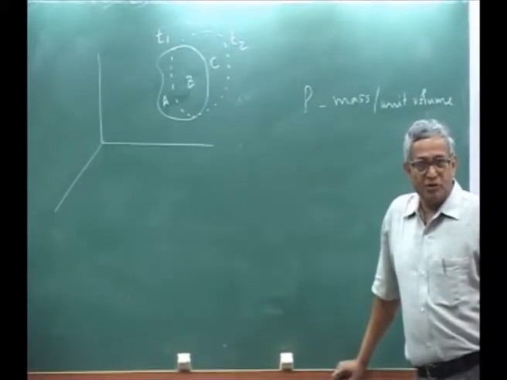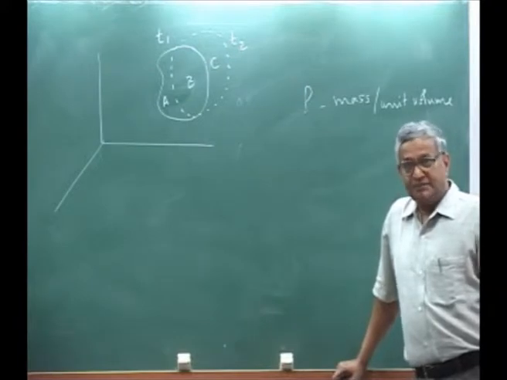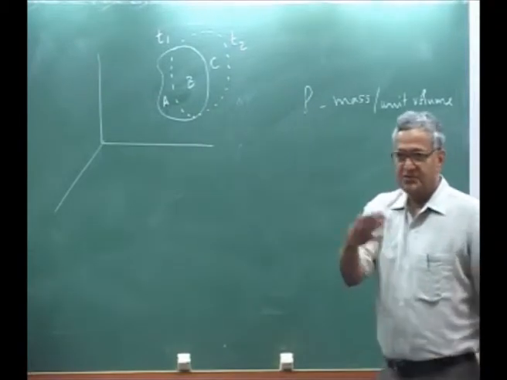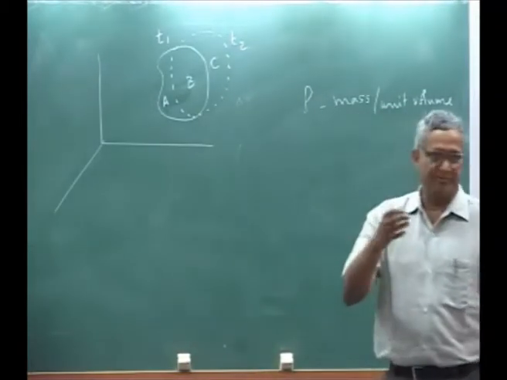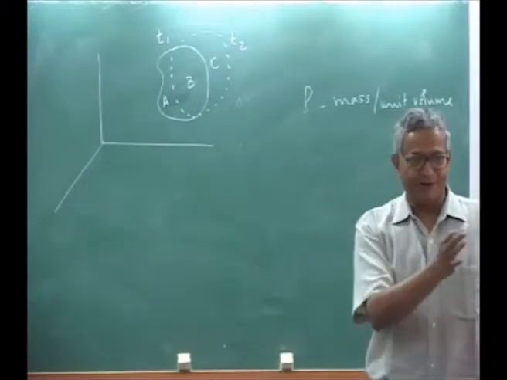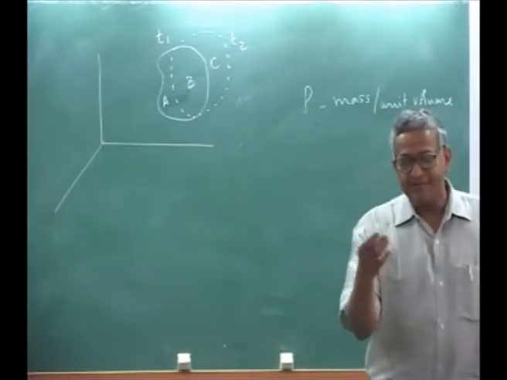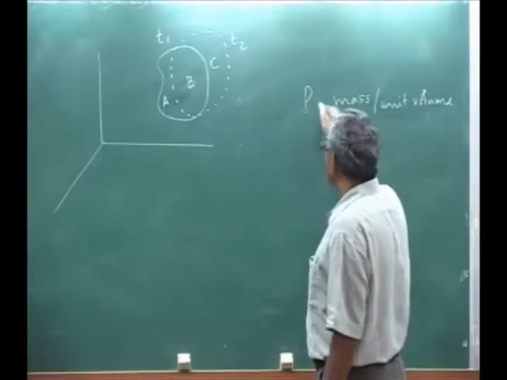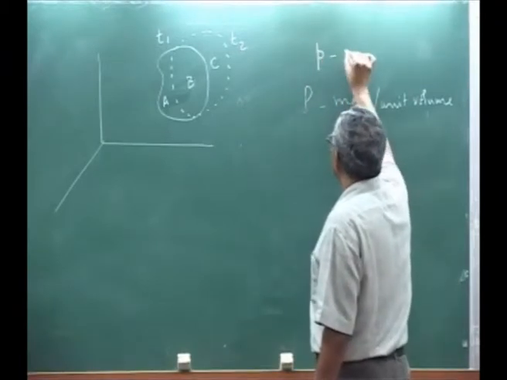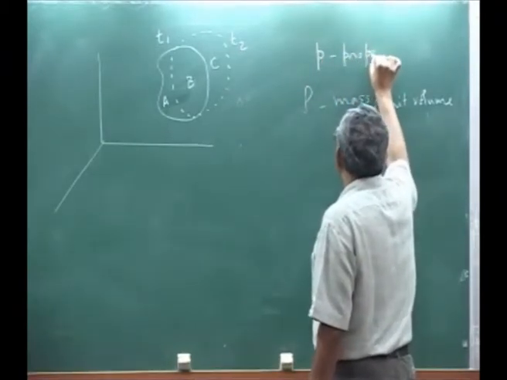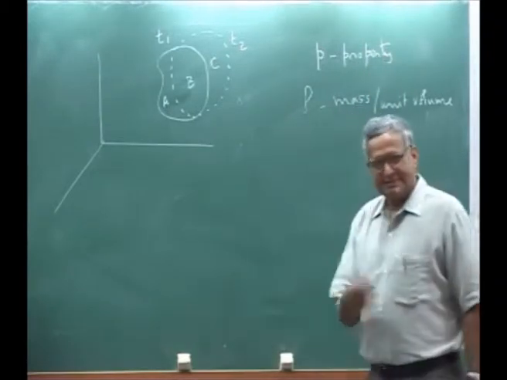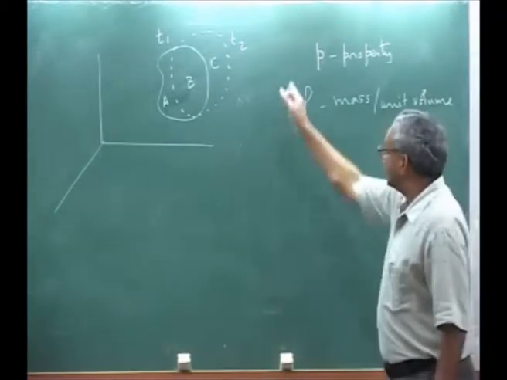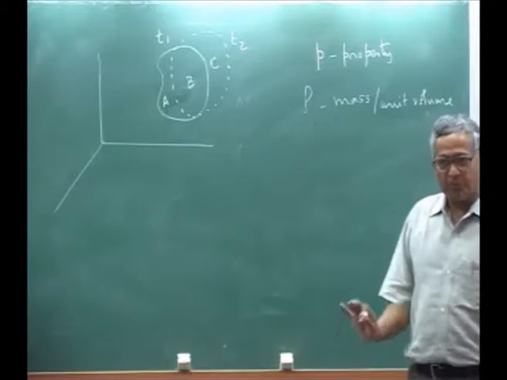Now I want to know a property of this mass, how it is changing. If it is unity, that is mass per unit volume, how the density is changing. But if I say velocity, then it is momentum. So I am going to write only a property which is P. P is the property. It can be one, it can be velocities. So when you write it, it is just rho P.